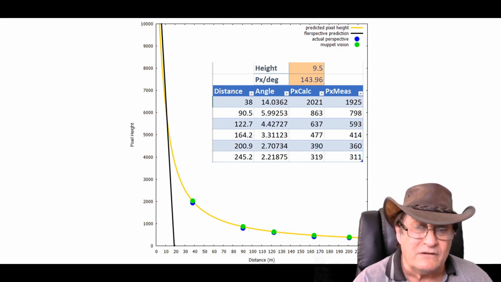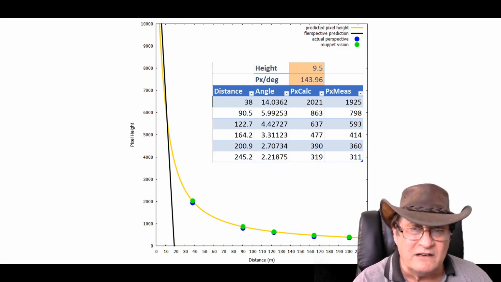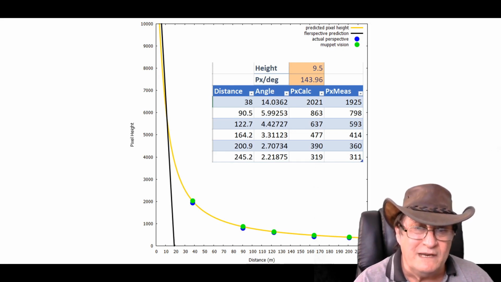So the orthographic view and perspective are the same thing. You just got to know how to look at it, how to read it. That's all it is. And look at the flat Earth Flerspective line again. Nowhere near. The orthographic view is pretty much spot on to what we photographed.